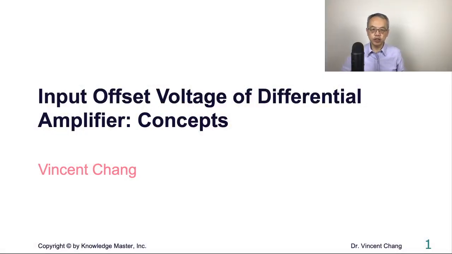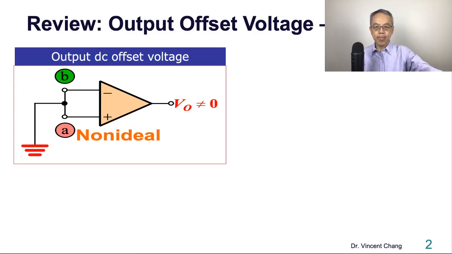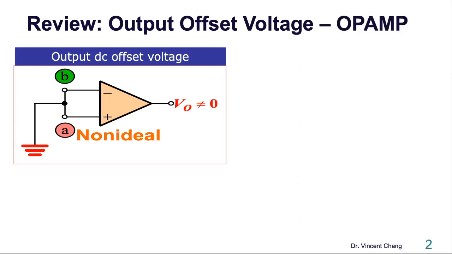Input offset voltage of differential amplifier concepts. First of all, allow me to assume you already have some concept of input offset voltage from learning about the operational amplifier, but still, allow me to give you a quick review. On the left side, assume it's an operational amplifier.